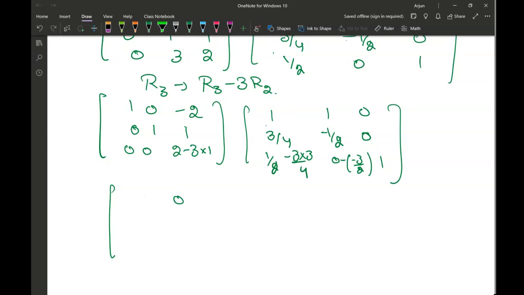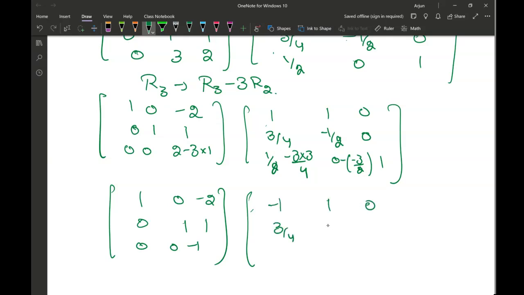Here it will be 1 0 -2, 0 1 1, 0 0 -1, and on the right -1 1 0, 3/4 -1/2 0, and simplifying gives -7/4 3/2 1.